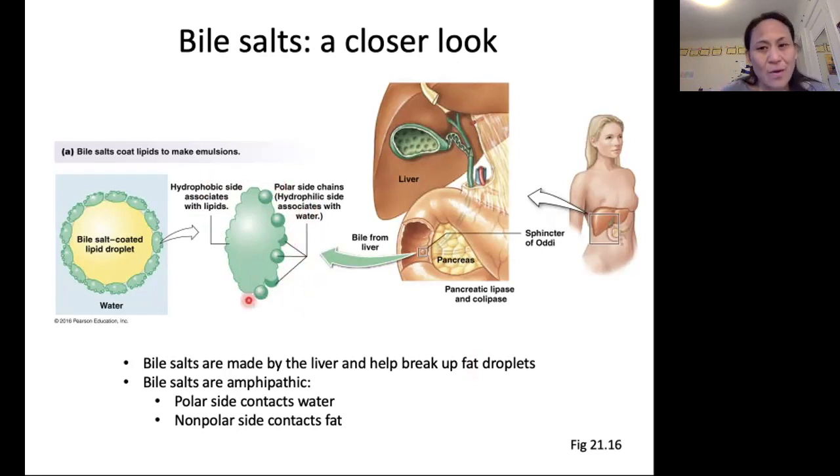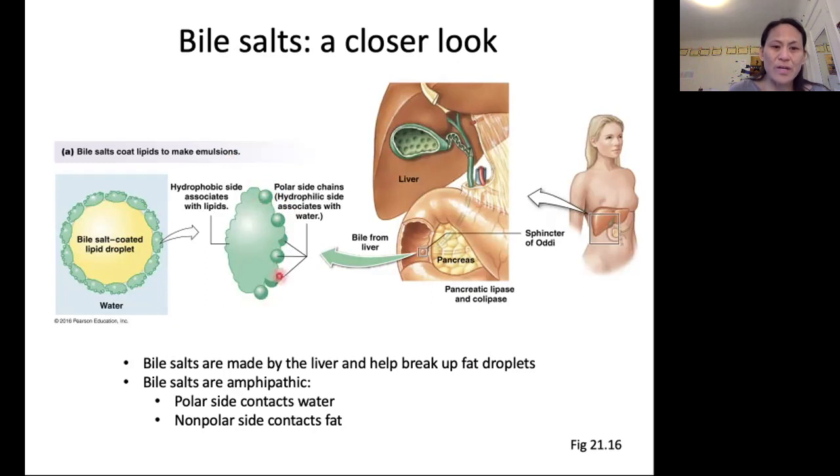And the way that the bile salt works, let's start with the hydrophobic side. The hydrophobic side will face the fat droplet, because it's going to like to be with other hydrophobic molecules. And then the outside of the bile salt is going to face the aqueous environment of the small intestine lumen.